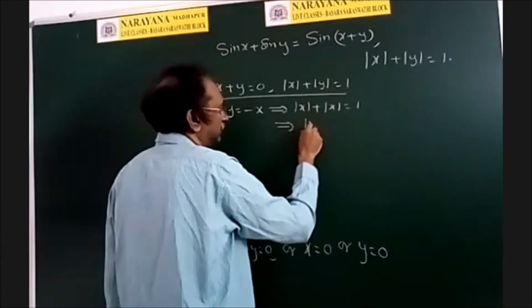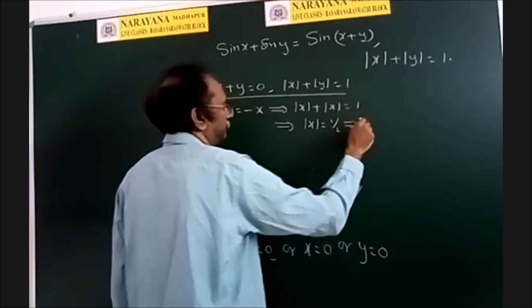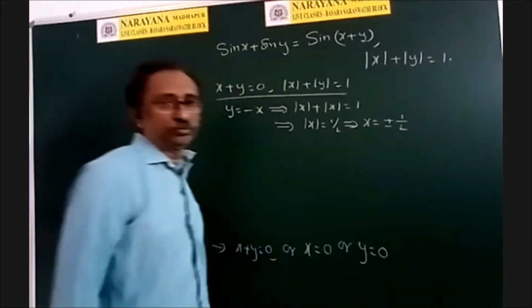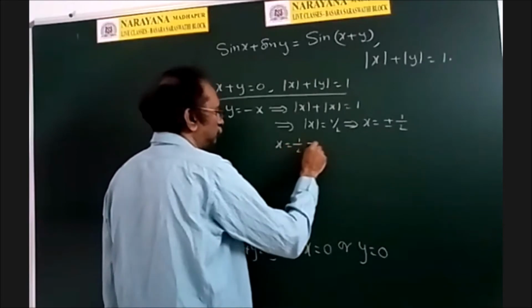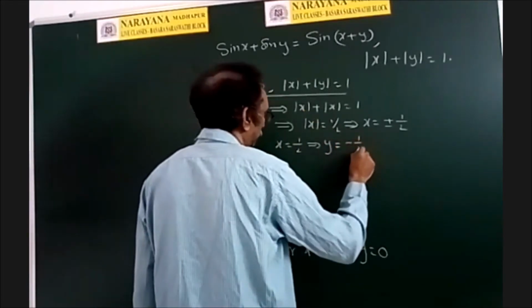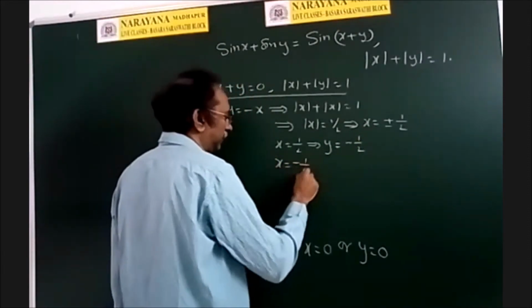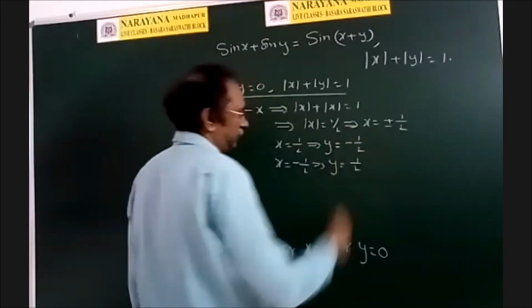That is 2 mod x is equal to 1, or mod x is equal to 1/2. That means x is equal to plus or minus 1/2. Therefore, if x is equal to 1/2, y is equal to minus 1/2. If x is equal to minus 1/2, y is minus of minus 1/2.